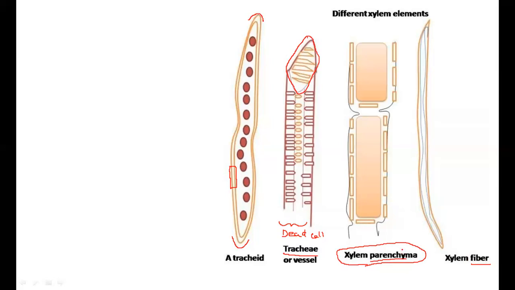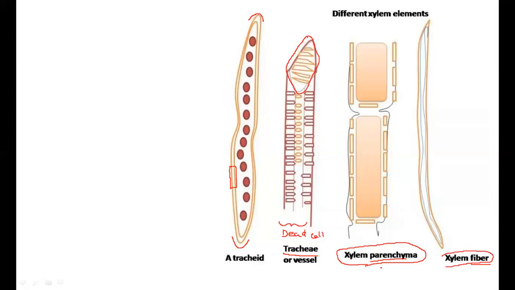Okay, this is the only living part. And the second thing is xylem fiber. Xylem fiber is the only sclerenchymatous tissue that is present in xylem. So simple parenchyma is present, and it is the only living part of the xylem, and xylem fiber is the only sclerenchymatous tissue present in xylem.